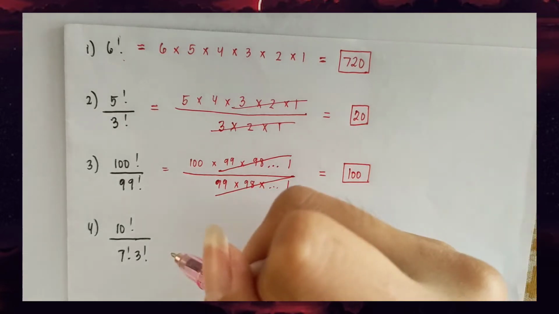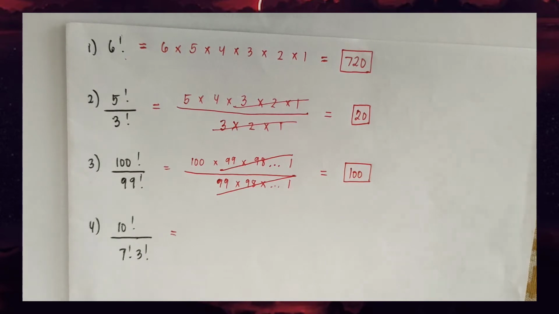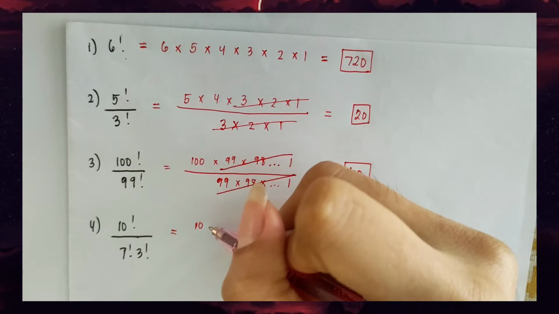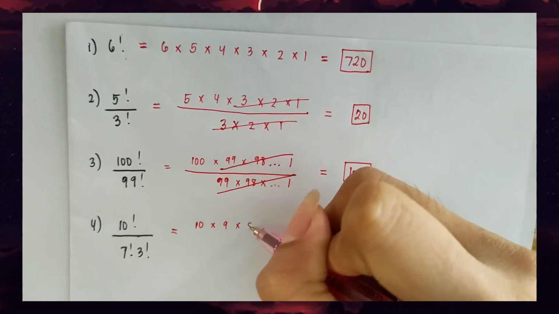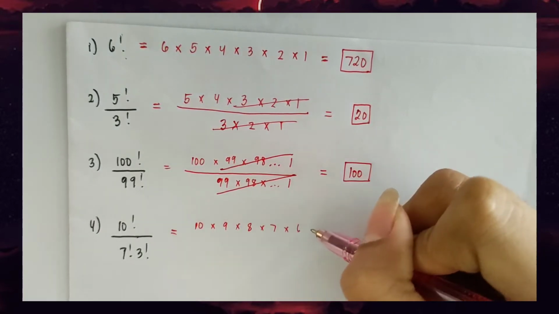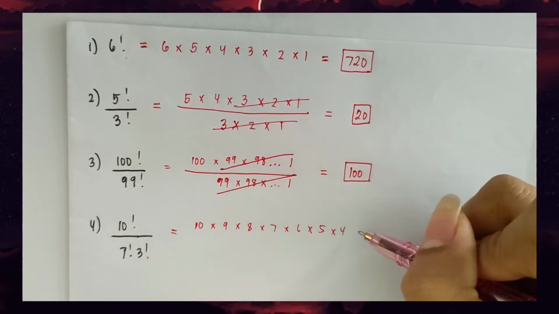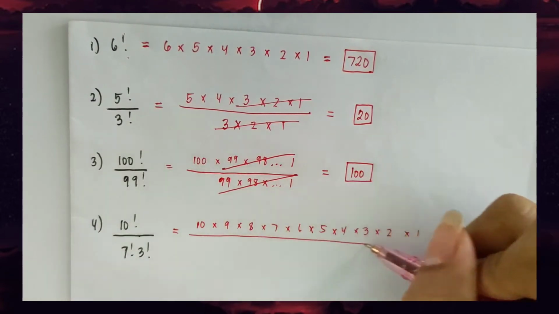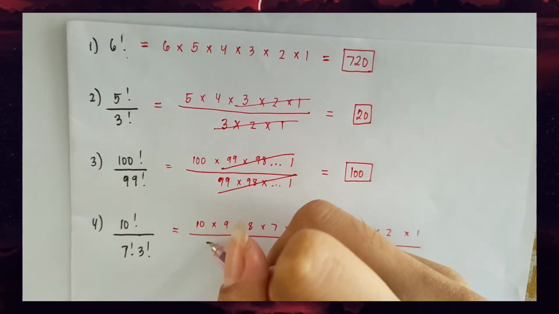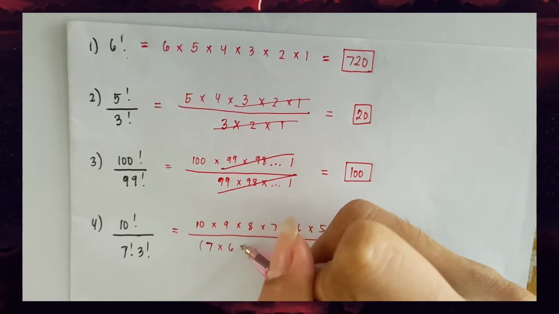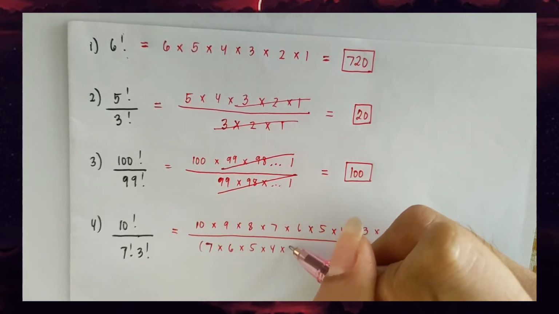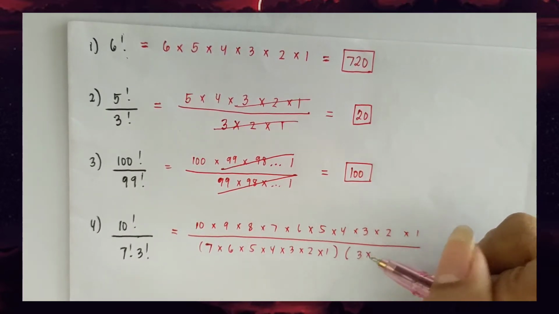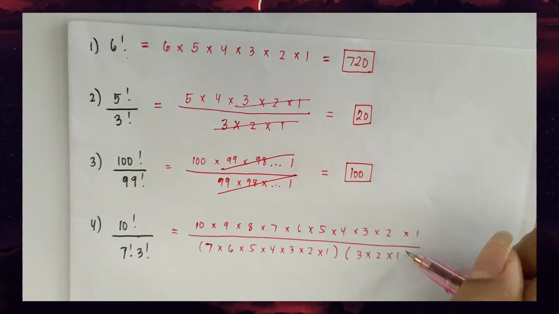Next, number 4, 10 factorial divided by 7 factorial times 3 factorial. So we have 10 times 9 times 8 times 7 times 6 times 5 times 4 times 3 times 2 times 1 divided by 7 times 6 times 5 times 4 times 3 times 2 times 1 and 3 times 2 times 1.